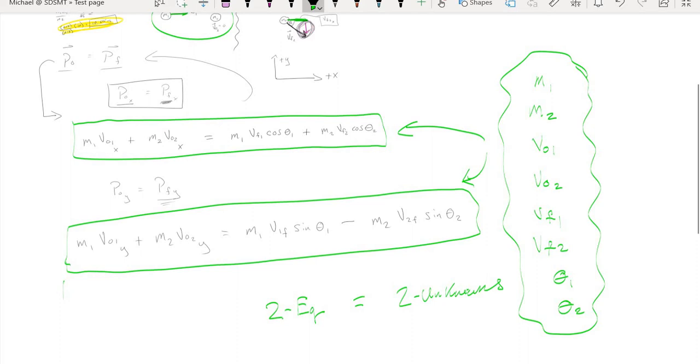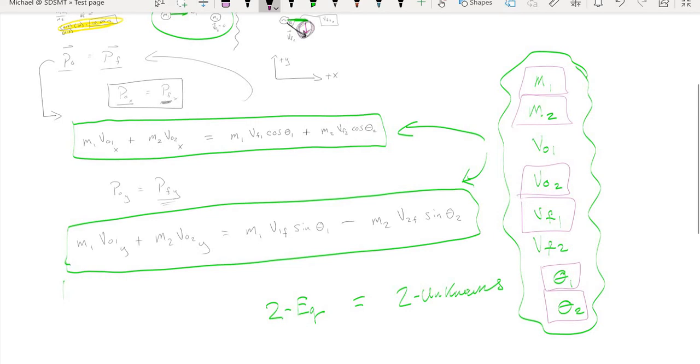But that's okay, because we have a general solution set sitting in front of us, ready to go for when we are given, let's say, 6 of the 8 pieces of information.